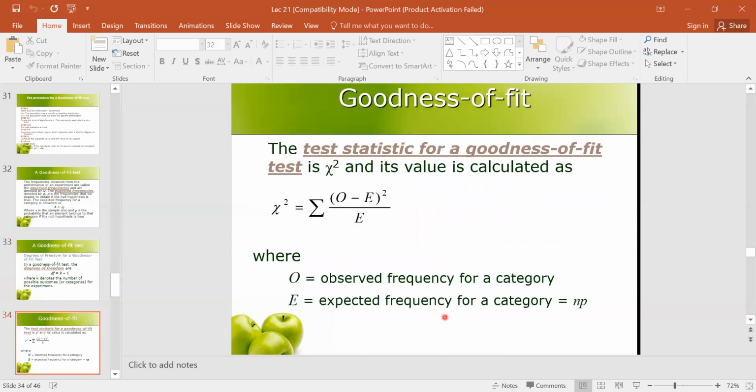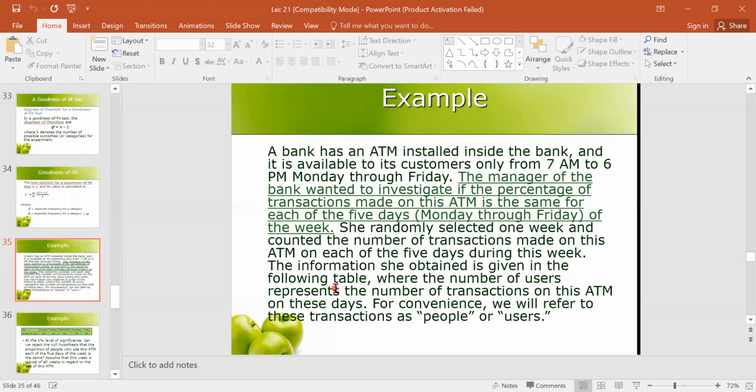And this is the formula to calculate this probability. Let us take an example. A bank has an ATM installed inside the bank and available to its customers only from 7 to 6 p.m., Monday to Friday.